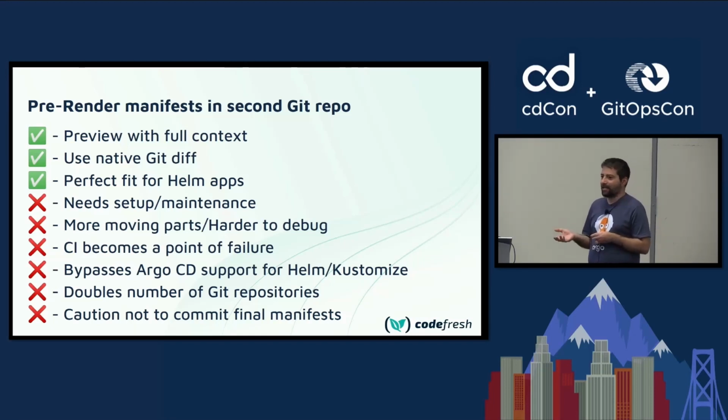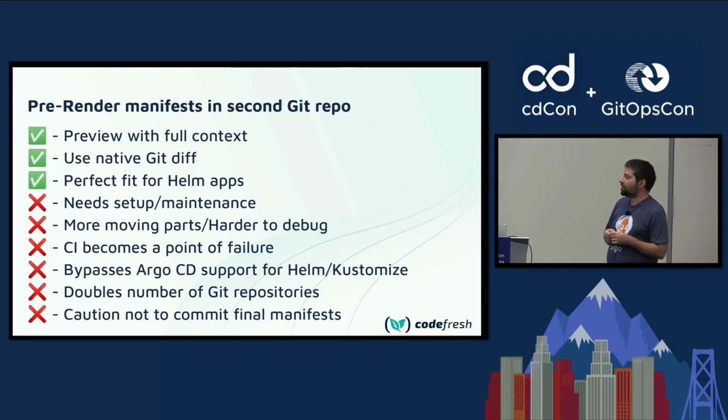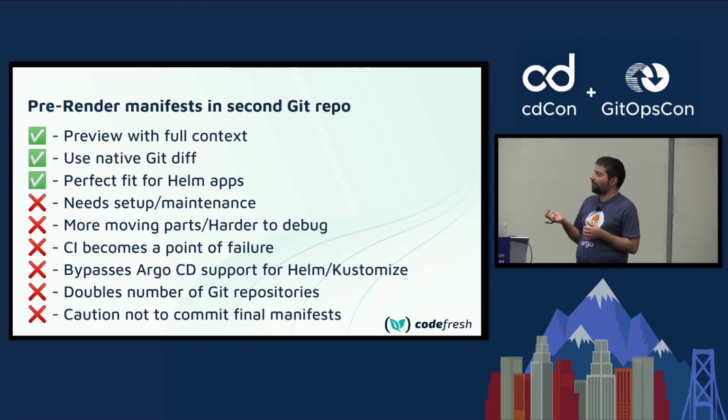And then I make a change, and I don't understand that this is not the way I should do changes. So you need to pay some attention there and place some guardrails on what people can and cannot do. And if you're using a separate Git repository, now you have double the number of Git repositories. You have essentially 3 for each application: the source code, the final rendered manifests, and the Helm charts.